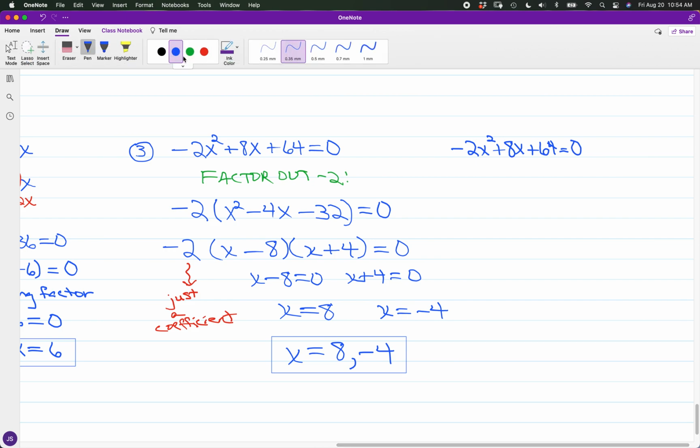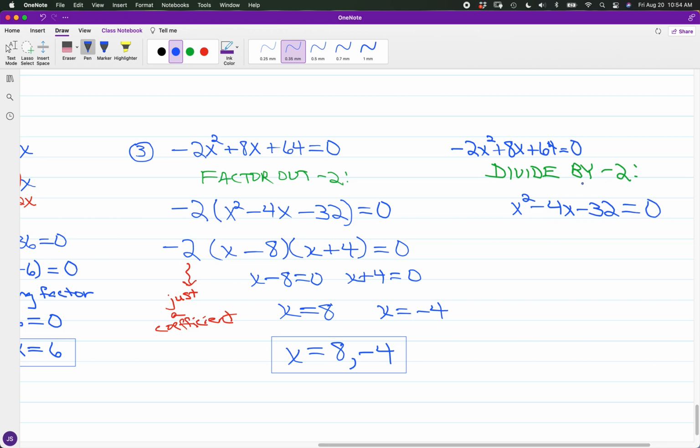And in terms of the same problem, if you had this to encounter, not starting with this step but that one, you just go ahead and divide by negative 2. Again, you can still factor out negative 2, but if I were to go ahead and divide by negative 2, you would just have x squared minus 4x minus 32 is equal to 0. We're just dividing by a number.